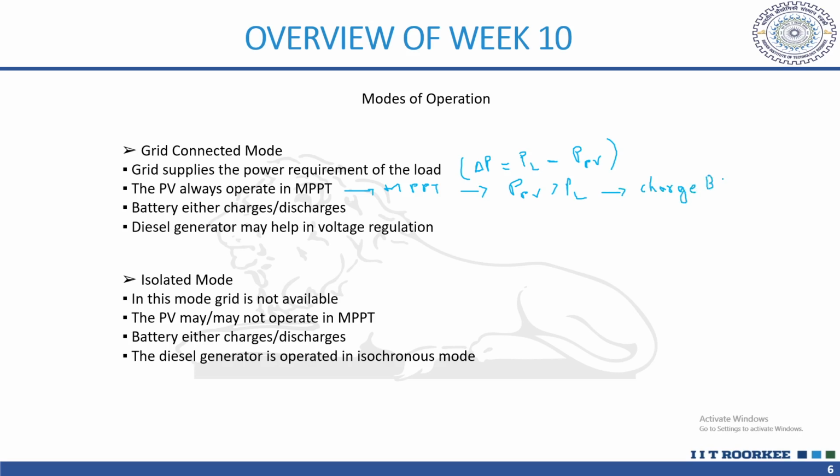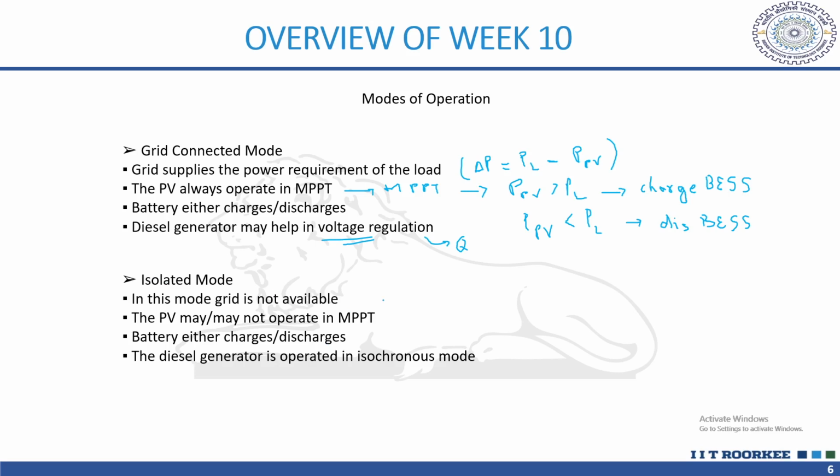And in the reverse case, when PPV is less than PL, then we may discharge the battery to supply the remaining power. Similarly, the diesel generator will help with voltage regulation by controlling the Q basically.